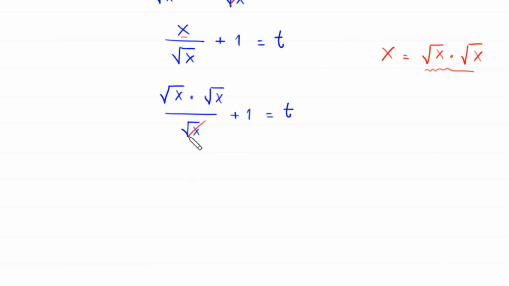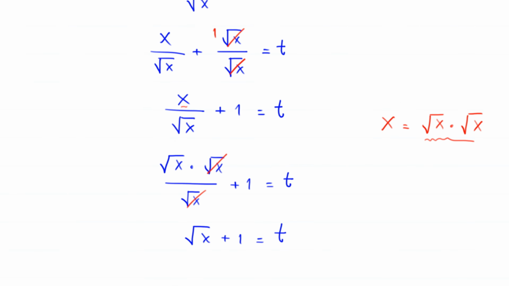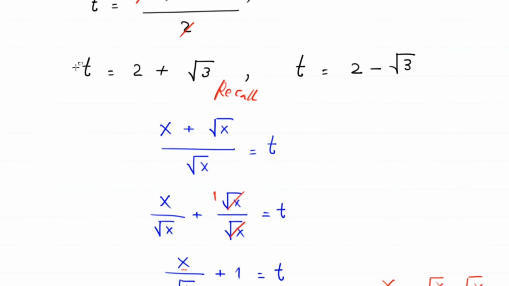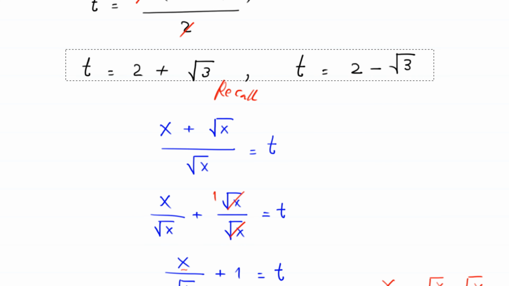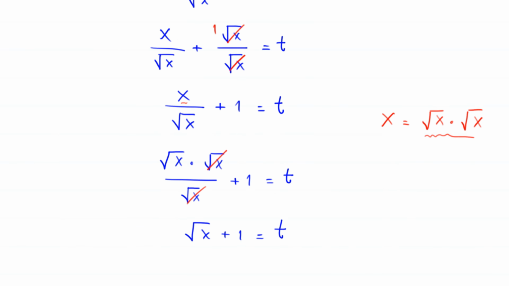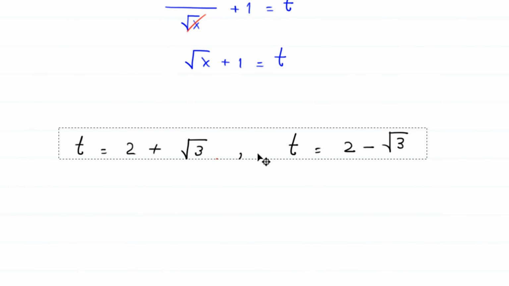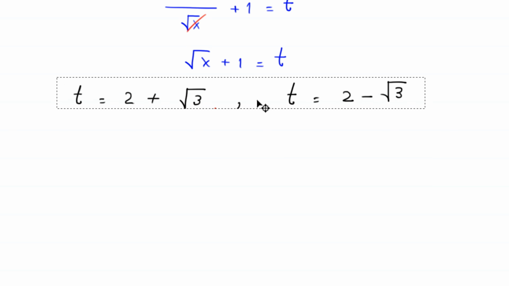And this root x will cancel out with this root x, and we are left with root x plus 1 is equal to t. Now we copy the values of t. We have found two values of t: t is equal to 2 plus root 3 and t is equal to 2 minus root 3.